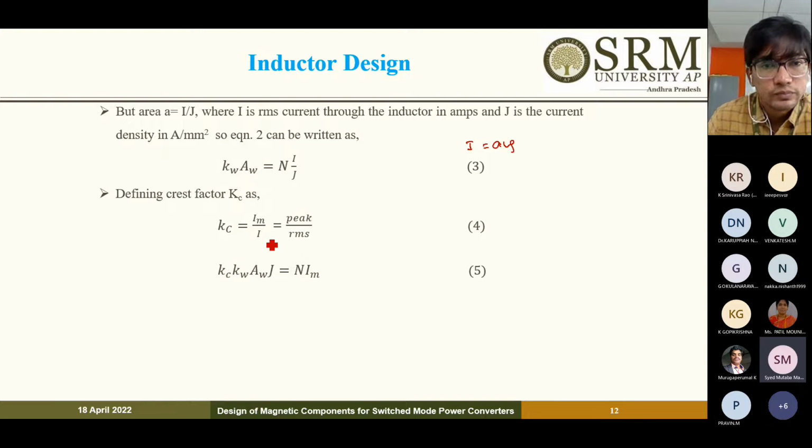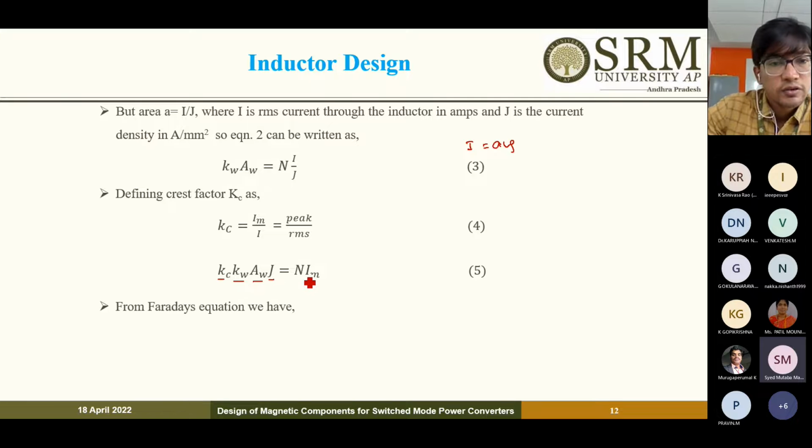If we substitute the RMS value, I equals Im by Kc, we will get this expression: Kc Kw Aw J equals N into Im. This is the crest factor, this is the window utilization factor, this is the window area, and this is the current density.